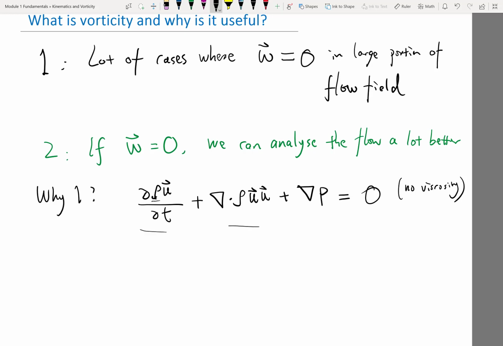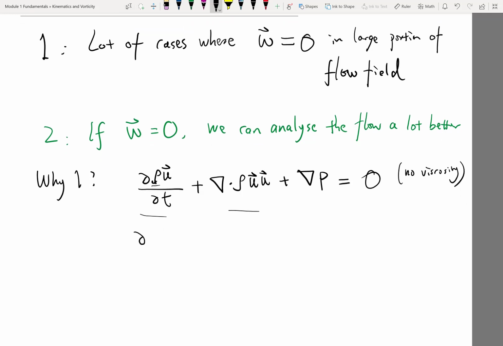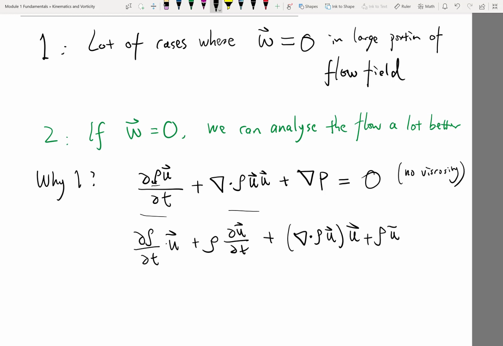Essentially, we are writing this as partial rho partial t times u plus rho times partial u partial t, and the second term as divergence of rho u times velocity, plus rho u dot with the gradient of velocity. So basically we can write this term and this term separately, and that is equal to 0.